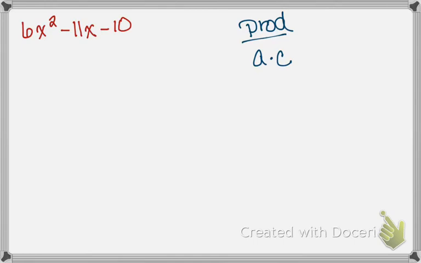Do you see that? I missed that sign. That's okay. Negative 60. My sum is negative 11. Because I have a negative product, you are looking for one positive number and one negative number. So I am going to give you a minute to work on that.